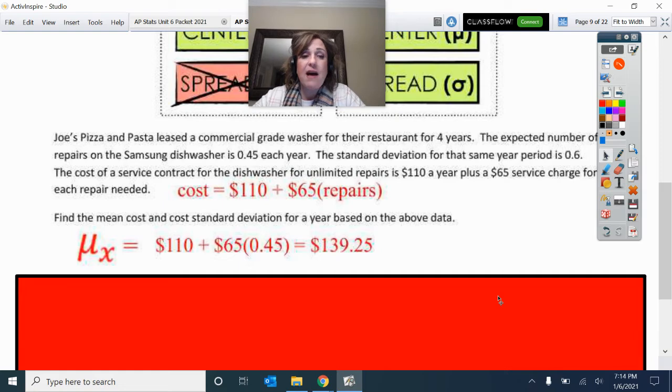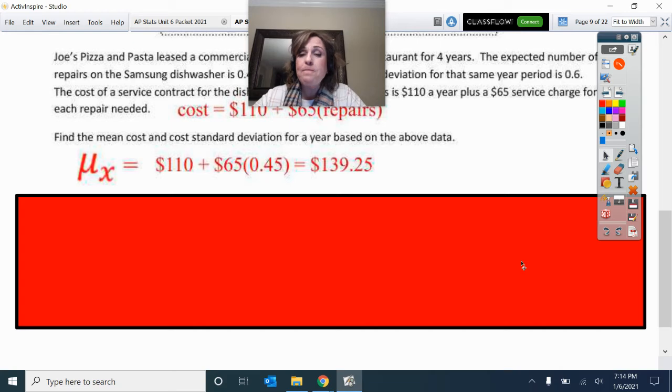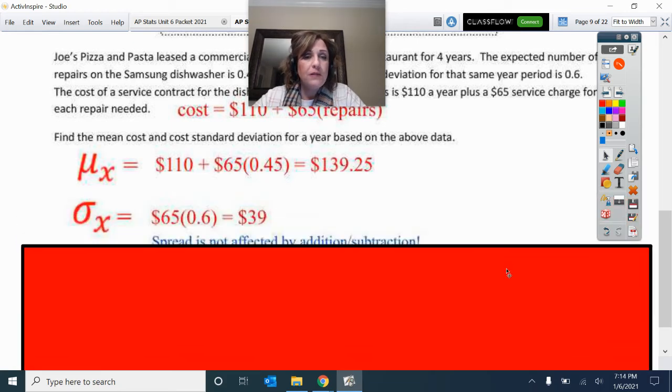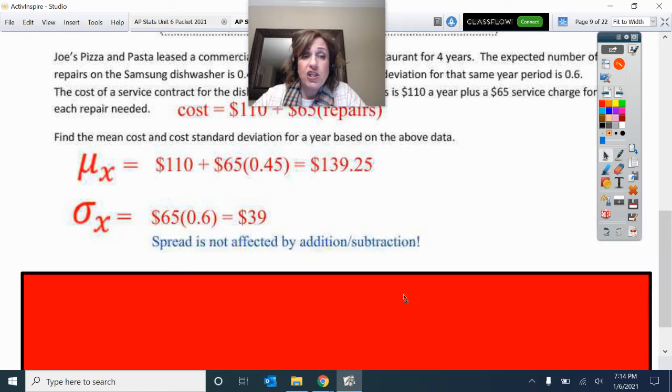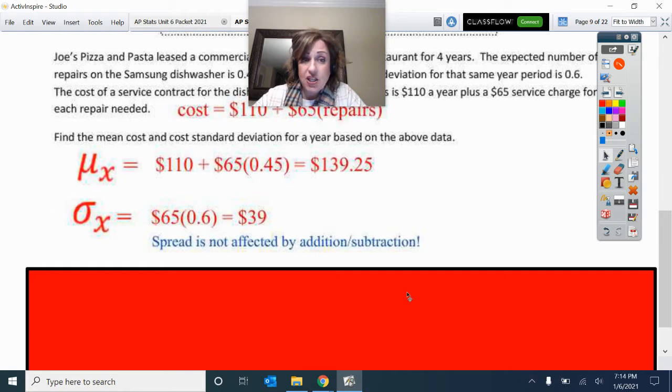The mean is 110 plus 65 times 0.45, so on average they should budget this much for the dishwasher yearly. For the standard deviation, there is no plus 110. The spread was not affected by that flat fee of $110, so it's just the multiplication. That standard deviation is $39.